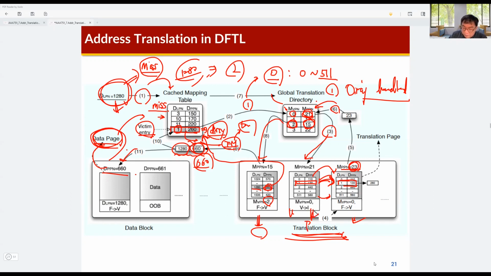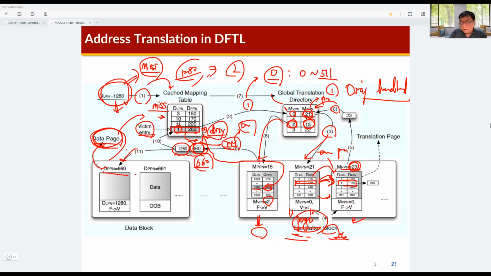Okay, so this is not a block. This is the page actually. This is actually the page address, the physical page number for the translation. And this page is stored in the translation block.